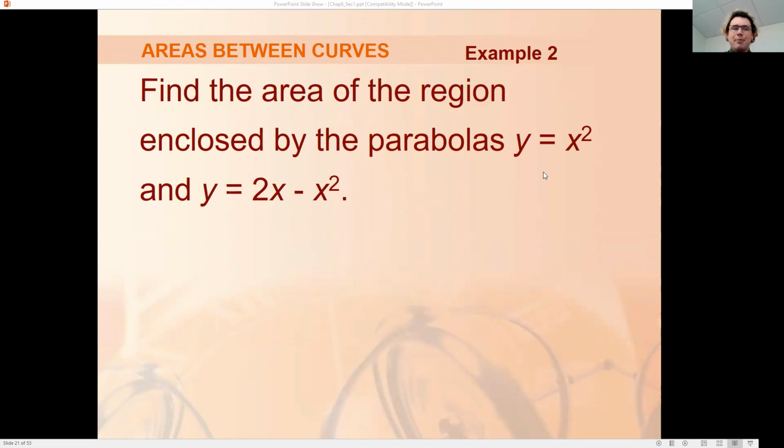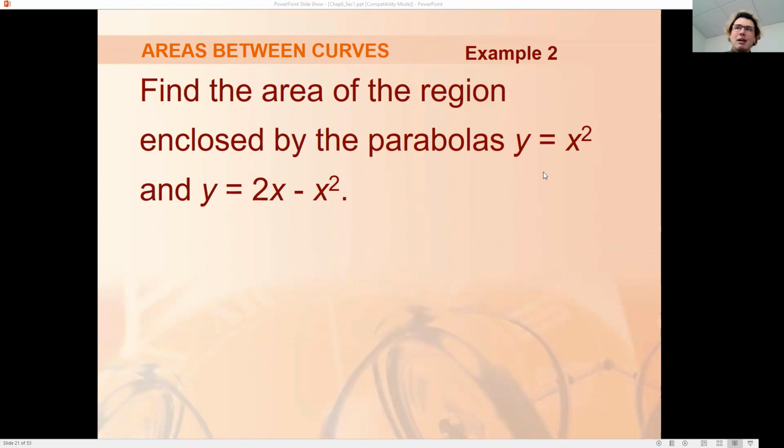So here is an example of one of these problems. Find the area of the region enclosed by parabolas y equals x squared and y equals 2x minus x squared. Now, before I even move to the next slide, I want you to imagine what these parabolas look like. One of them, y equals x squared, is an upwards facing parabola, which I know because the lead term has a positive coefficient.